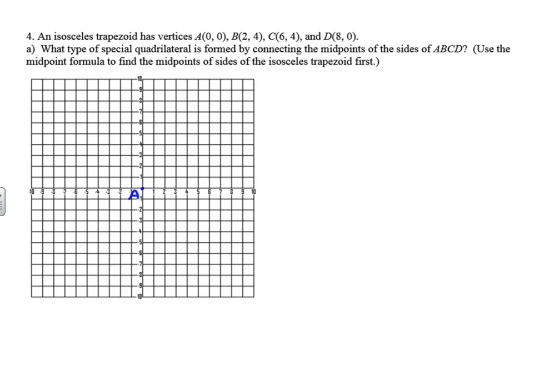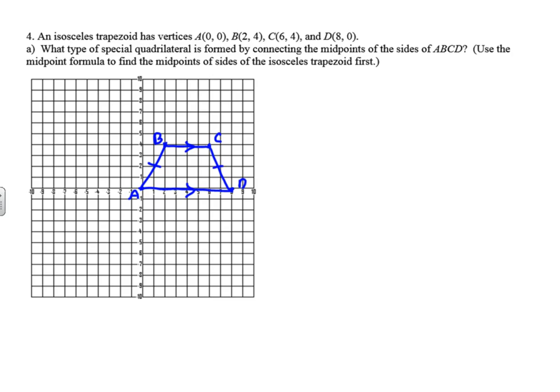B is 2, 4, and C is 6, 4, and D is 8, 0. What you know when you have an isosceles trapezoid is we know these sides are going to be parallel, and we know these lengths are going to be congruent here.